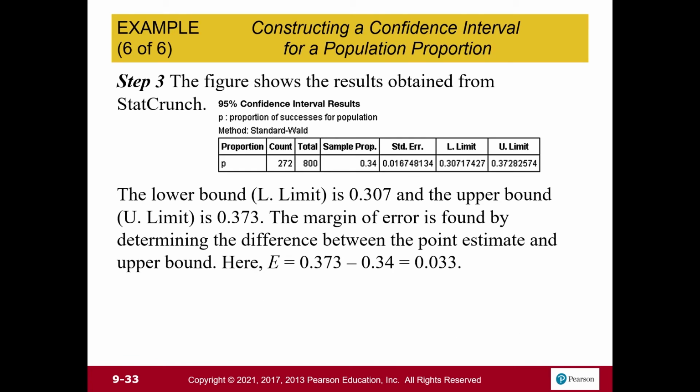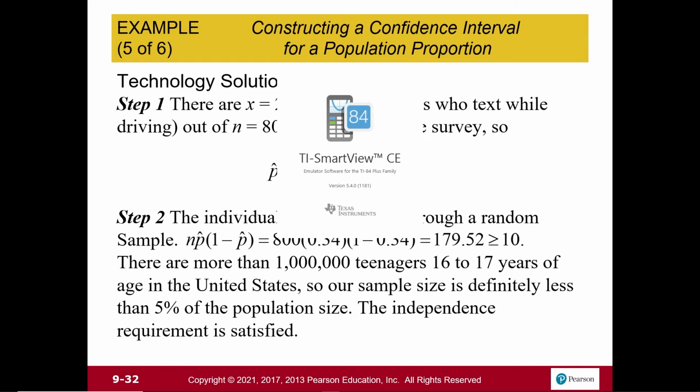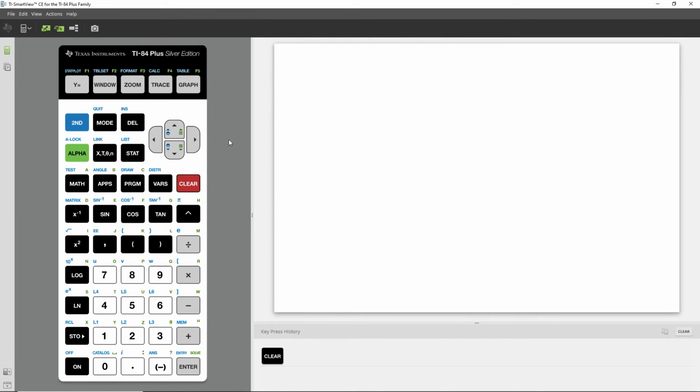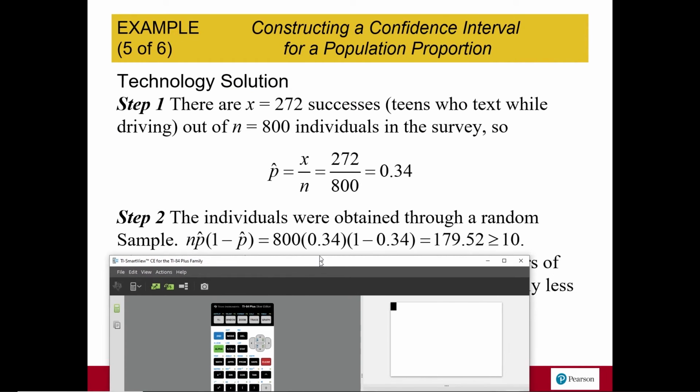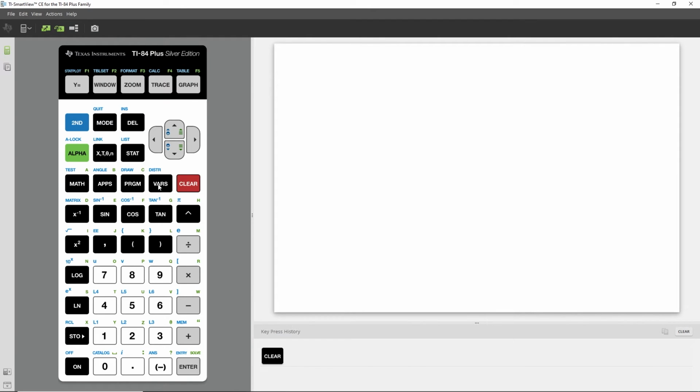Let's look at doing the same problem using our calculator as well. We didn't try that yet. Let's bring up our Texas Instrument here. All right, so we're going to create a confidence interval, but we're talking about for proportions.